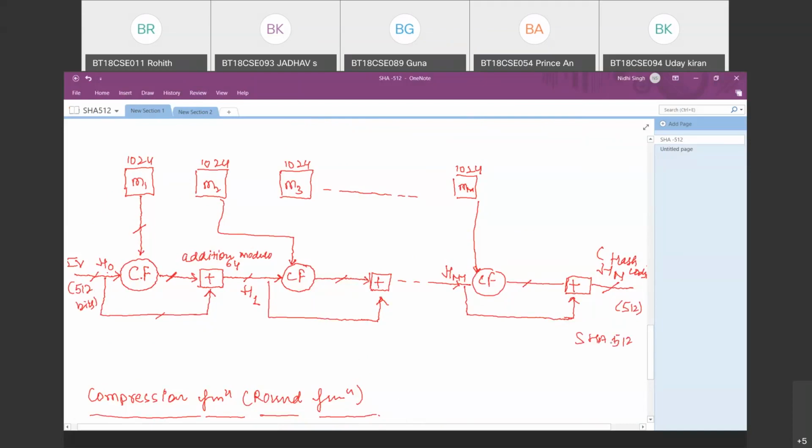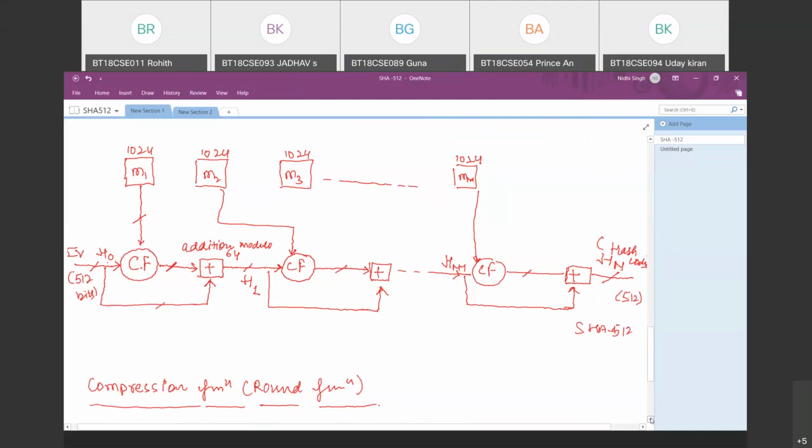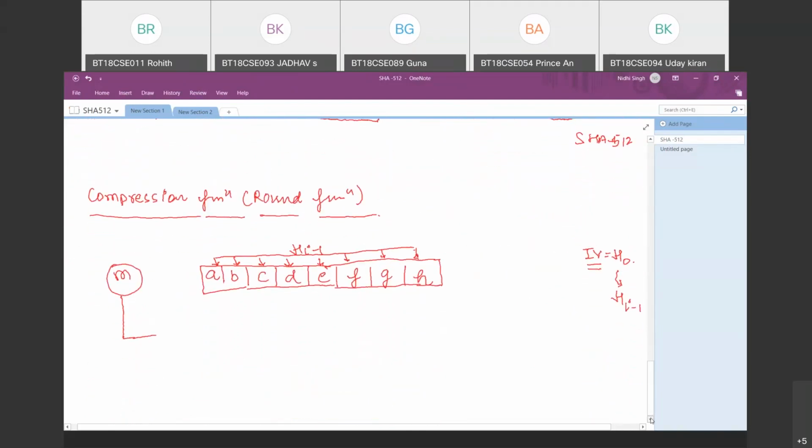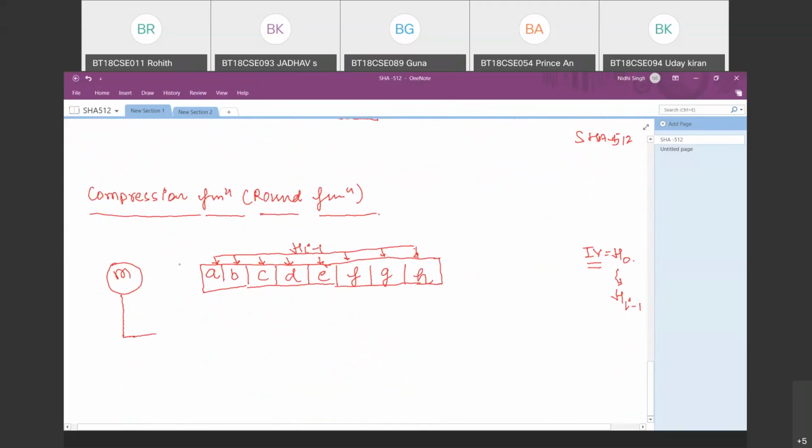For the conversion there is an algorithm called word generation, which converts the 1024 bits into word format.